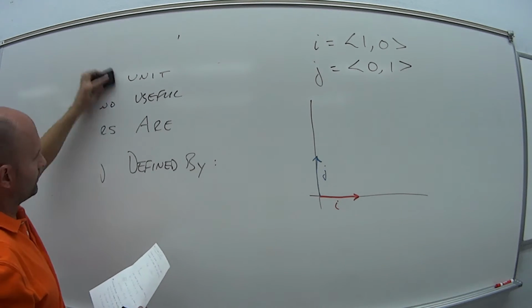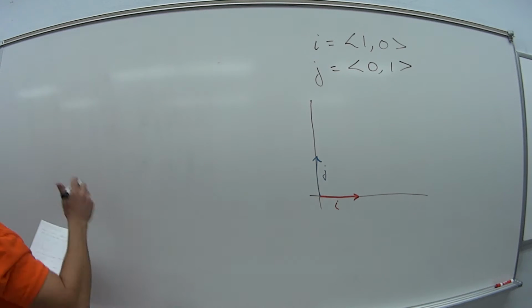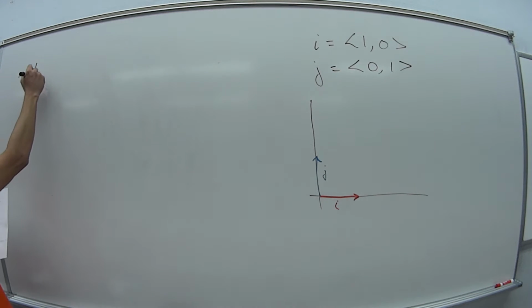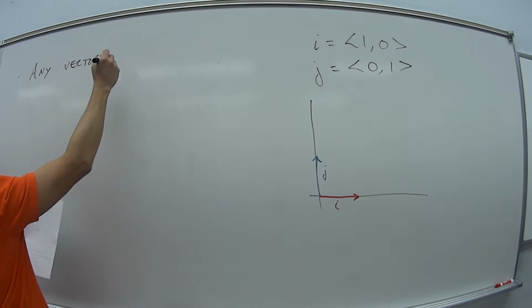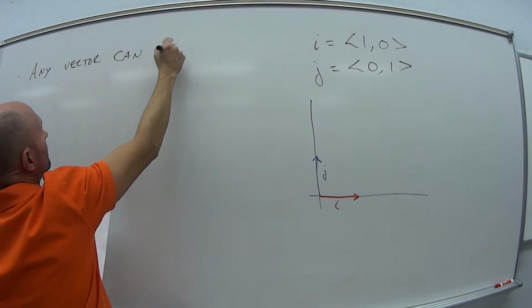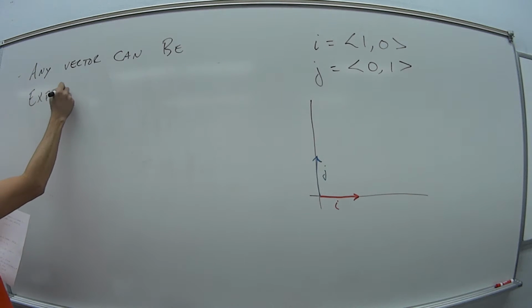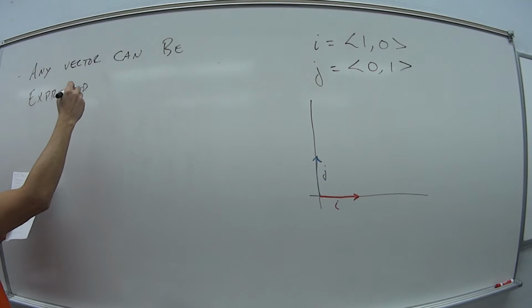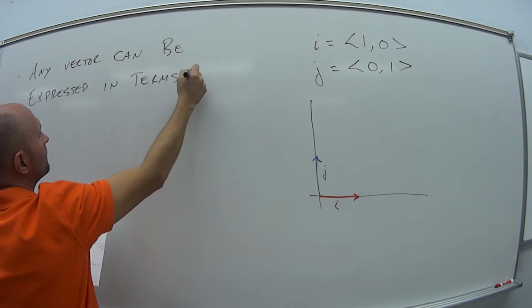So any vector can be expressed in terms of i and j. And we do that as follows. So any vector can be expressed in terms of i and j by the following.